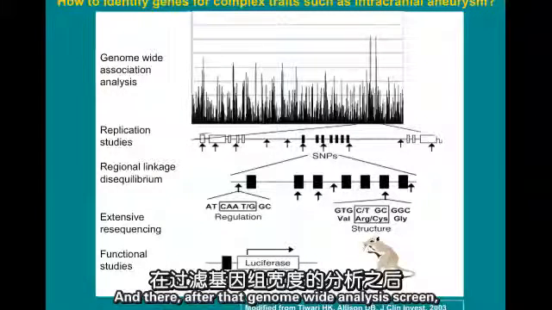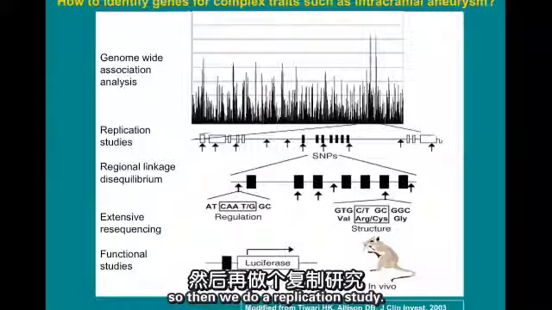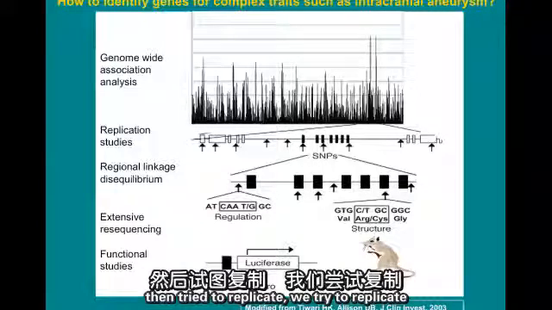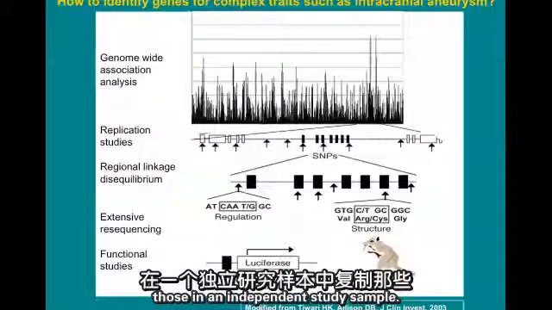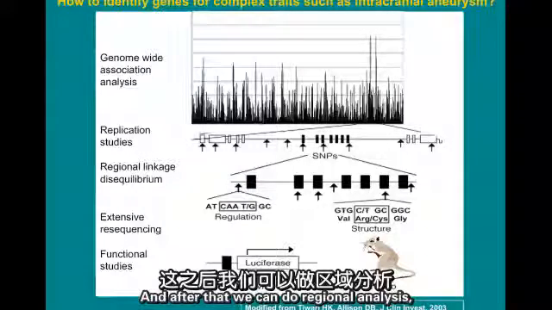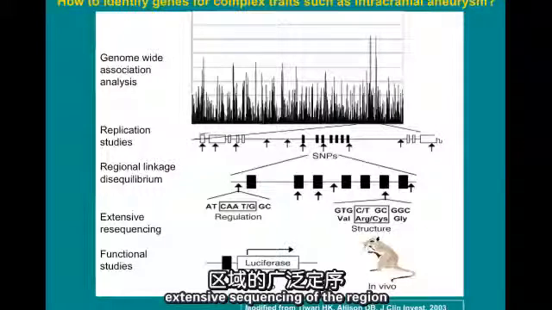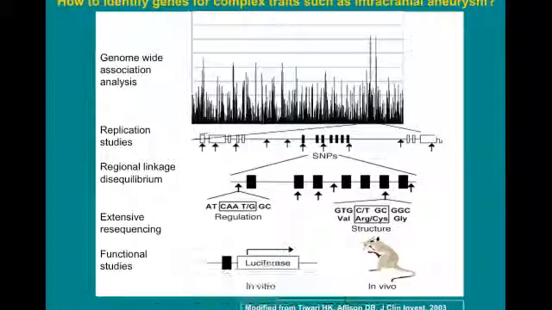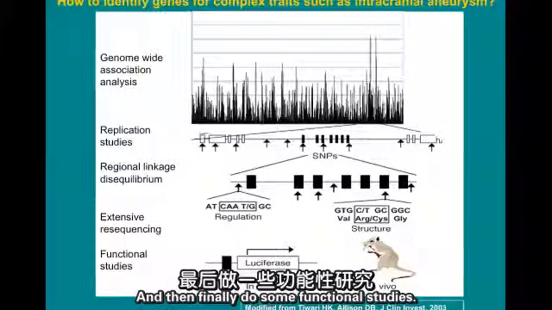After that genome-wide screen, we do a replication study. The key peaks, the key markers, we try to replicate in an independent study sample. After that, we can do regional analysis, extensive sequencing of the region, look for the linkage disequilibrium structure among the variants, and then finally do some functional studies.